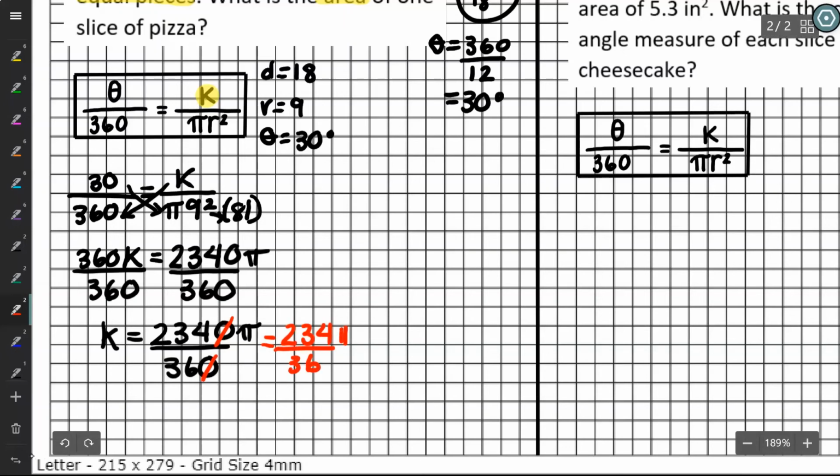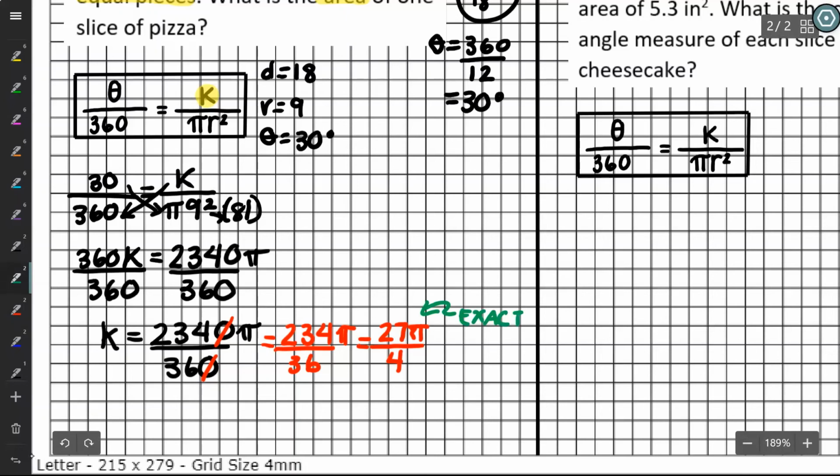I have pi up here. I'm going to divide both of those by 9. Let's see if that gets me something. Okay, so now I have 26 pi over 4, and that's as far as I can simplify. So this again would be my exact answer.